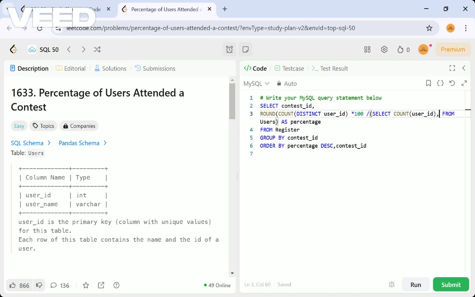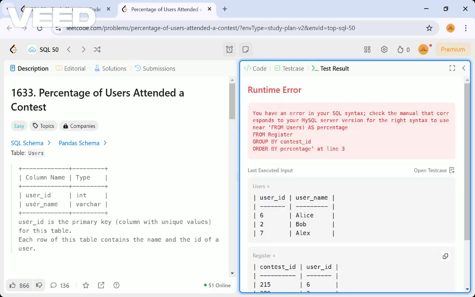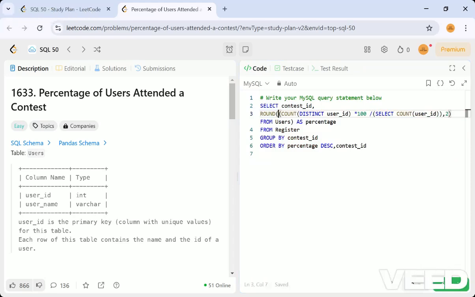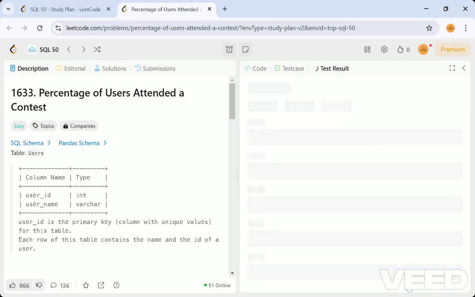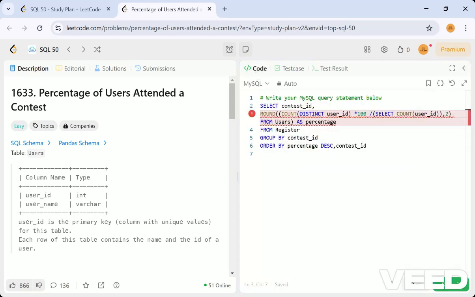Just give comma 2. Syntax error, because it's a subquery, so we have to place the comma here. Yeah, now it will be fine. Sorry, error again.